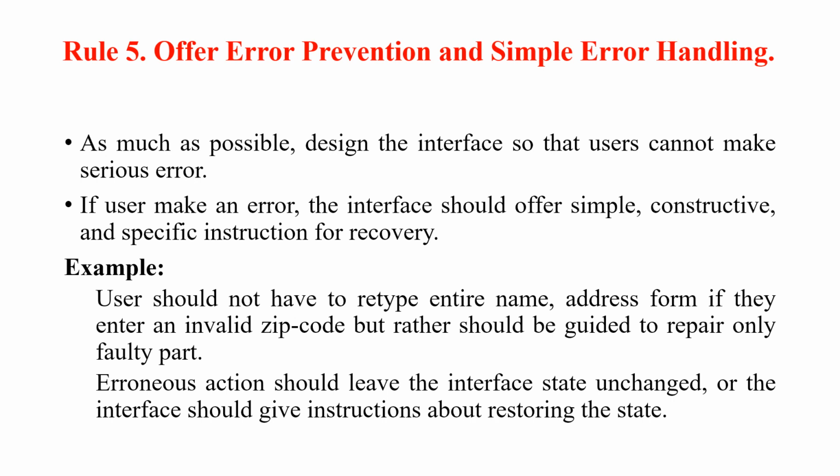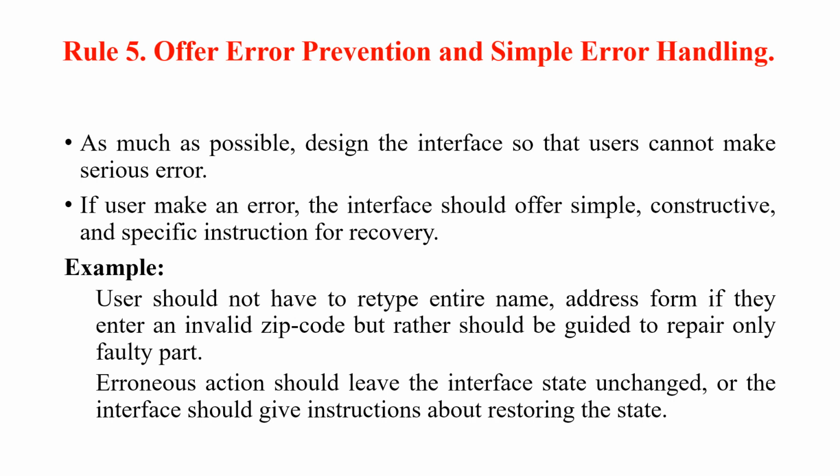For example, the user should not have to retype the entire name address form if they enter an invalid zip code, but rather should be guided to repair only the faulty part. Erroneous action should leave the interface state unchanged, or the interface should give instruction about restoring the state.